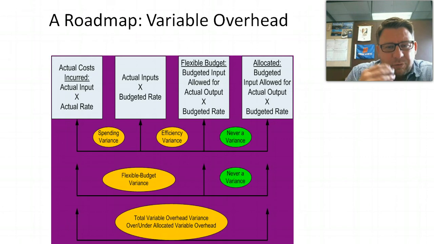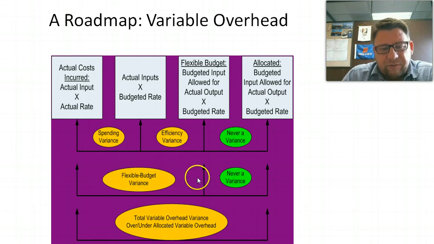So this roadmap is where we're headed with our variable overhead cost variances. Ultimately, we're going to determine our flexible budget variance, and then from that we will have a spending variance and an efficiency variance.